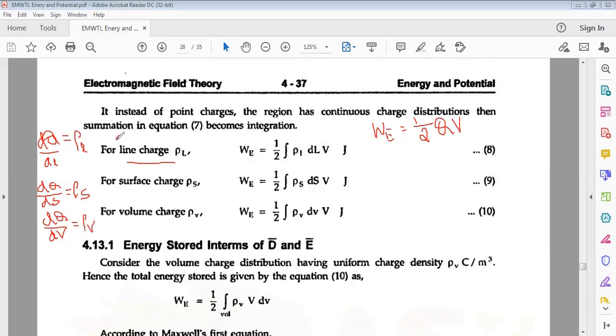So dq is equal to rho l into dl, and q is equal to the integral of rho l dl.